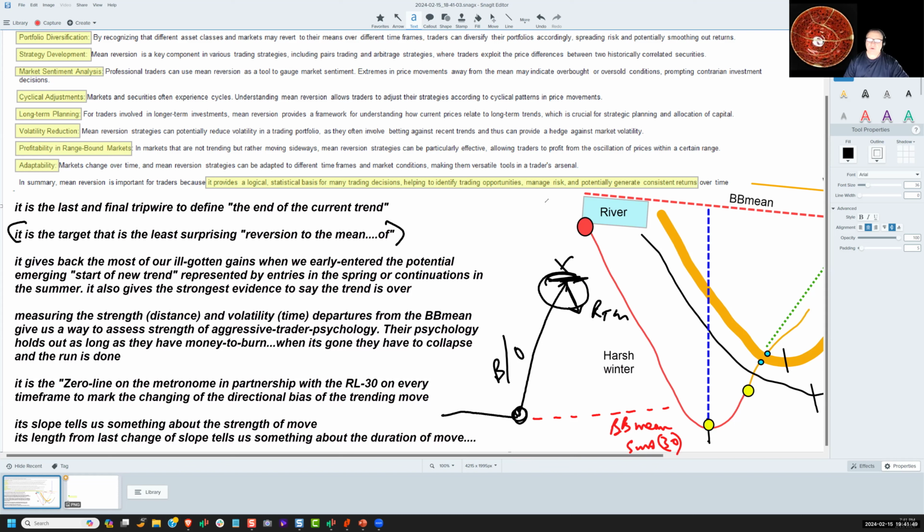Now, I want you to notice that when we're talking about the regression line fractal framework, the same idea occurs when you have the RL270 and the 90 and the 30 and the 10 all very tightly clustered within a frog box on the intraday, or an ATR on a swing trade.